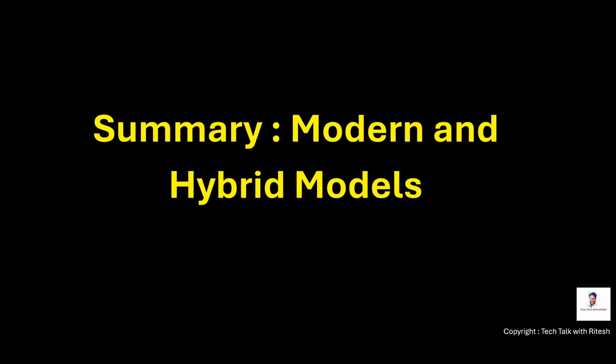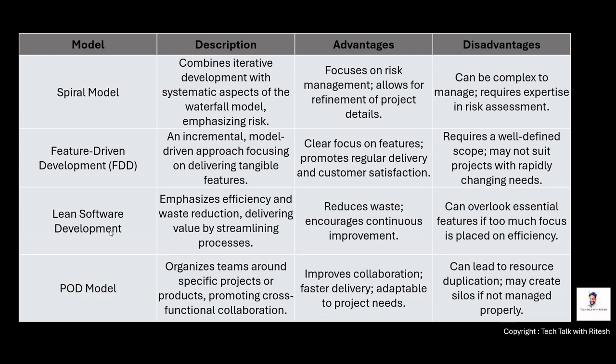Now let's see the summary of modern and hybrid models. So we covered these models: spiral model, feature driven development or FDD model, lean software development model, or pod model. The spiral model combines iterative development with systematic aspects of the waterfall model, emphasizing risk.